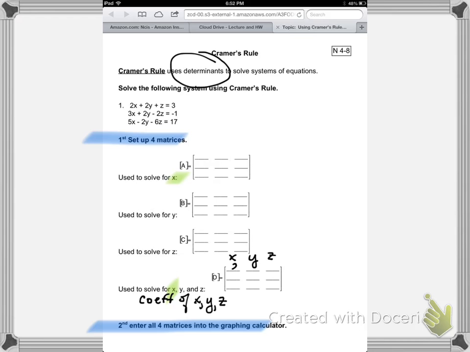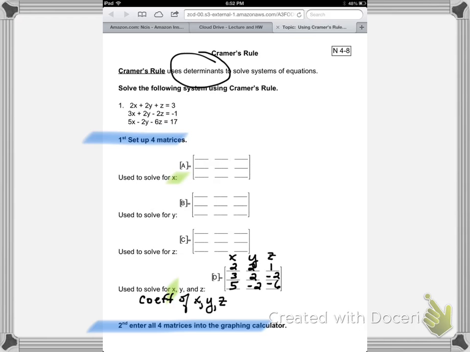So you're going to have 2, 3, and 5. Then the Y coefficients are 2, 2, and negative 2. And the Z coefficients are 1, negative 2, and negative 6. Okay? Now you're going to try to find the determinant. You can go ahead and put it in matrix D in your calculator.